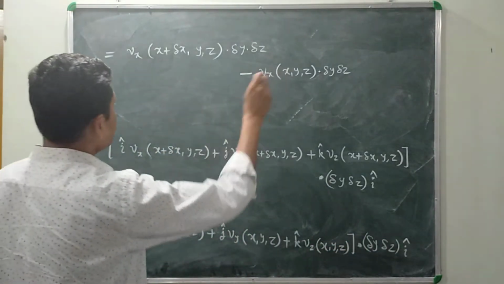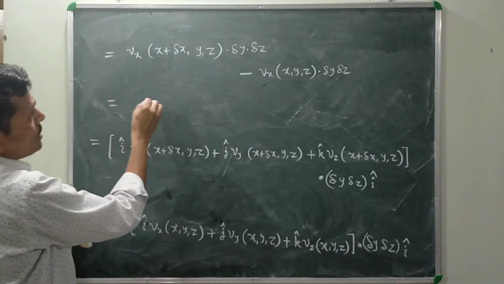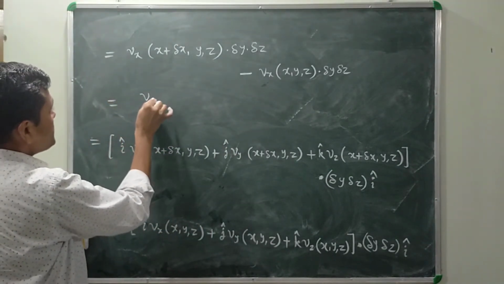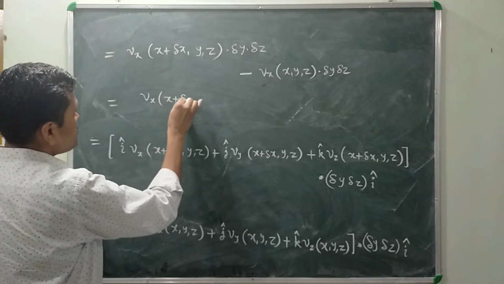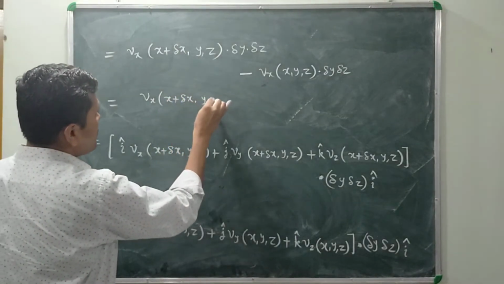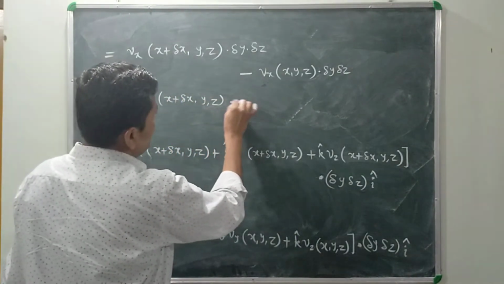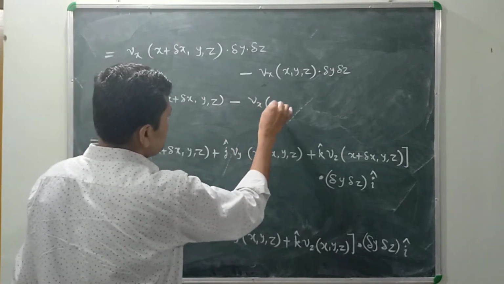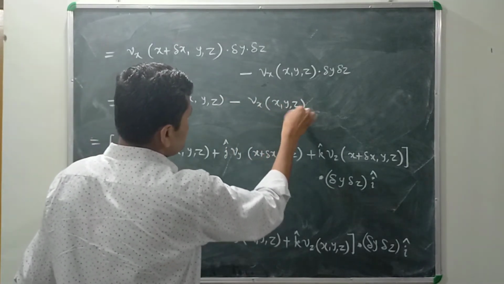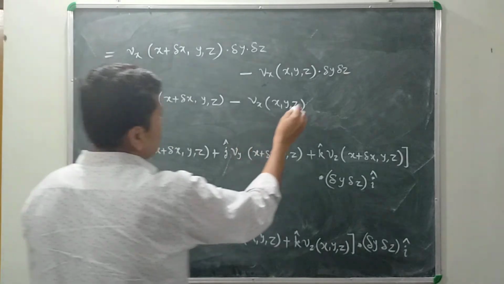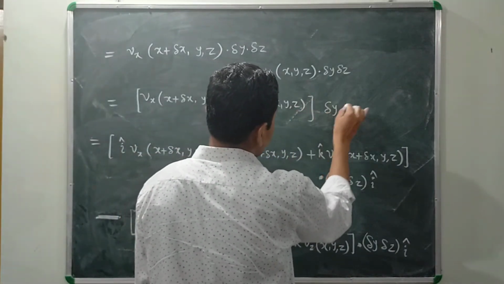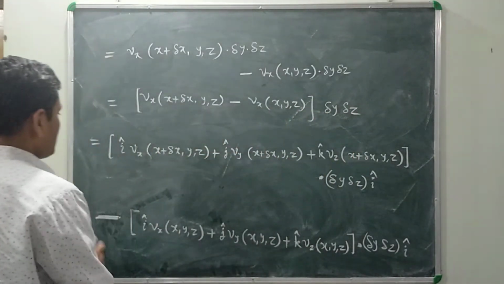So we are left with this expression only, and this may be written as [Vx(x plus delta x, y, z) minus Vx(x, y, z)] into delta y delta z.